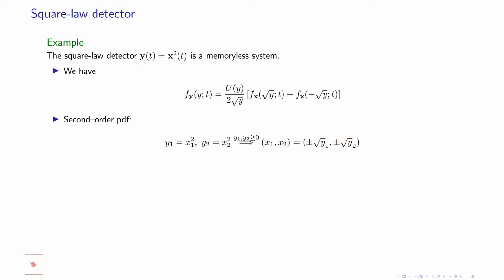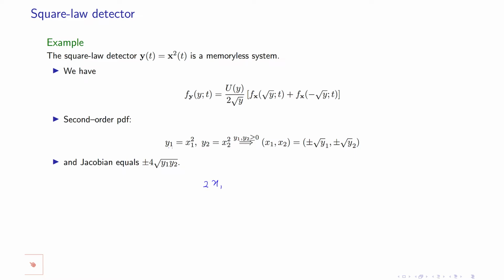So the second order PDF, if you take two samples at time t1 and t2, then you can say, oh, I have the same two random variables. In this case, the Jacobian you will need to calculate, because the derivative of y1 with respect to x1 is equal to 2x1.